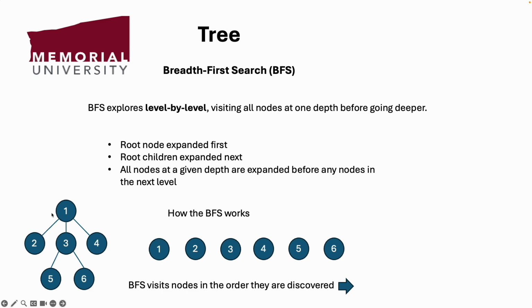For example, we look at node 1 and then pop it out to search its children 2, 3, 4, and then we look at node 2 and its children, and accordingly node 3 and its children 5, 6, and then node 4 and its children.